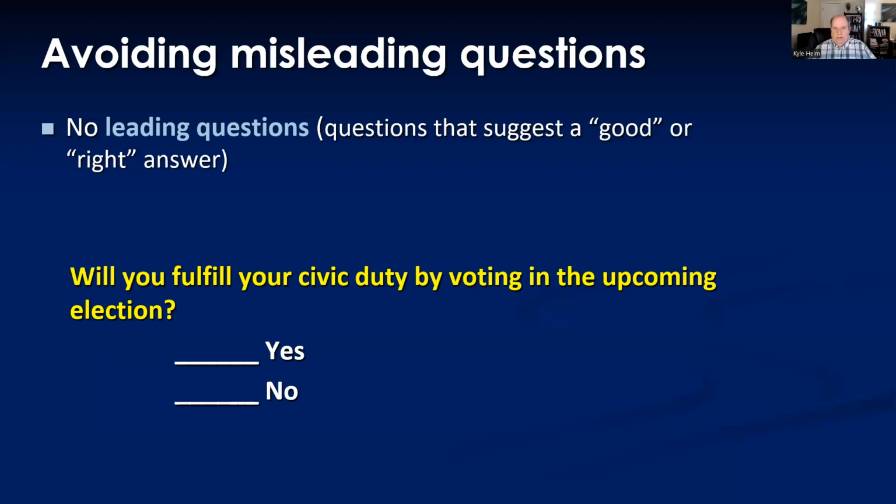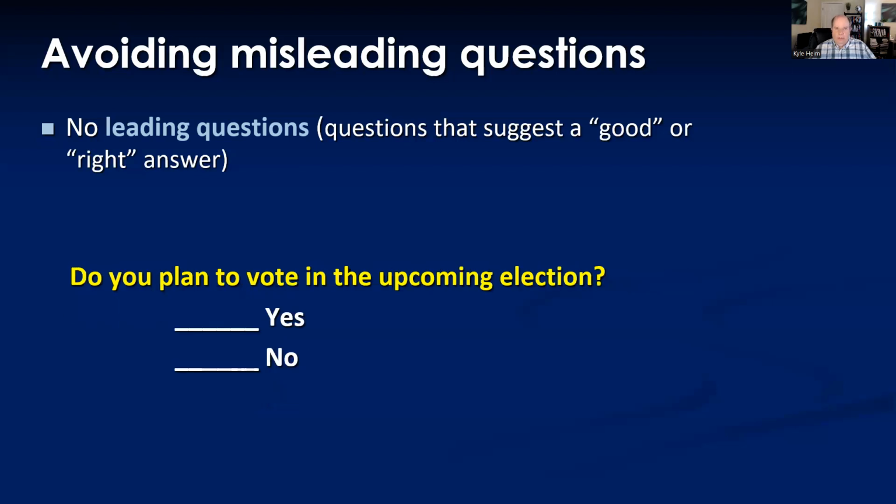So that would be a leading question. Easy fix, of course, would be to take out that leading language and just phrase it in a much more neutral manner that gets at what it is you're really trying to find out. All you're really trying to find out is, do you plan to vote in the upcoming election? Yes or no? So now it is no longer a leading question because it doesn't suggest that either of those two options is better or more correct than the other.